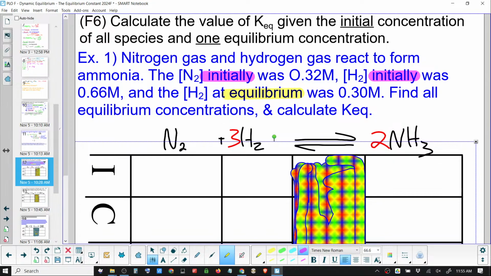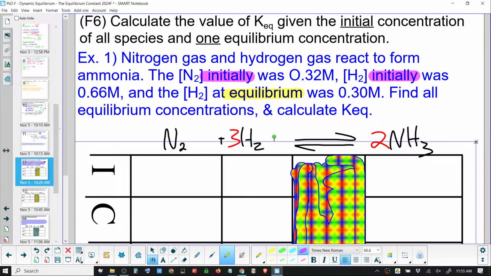It only gives you one value at equilibrium. You need equilibrium values to calculate the KQ at equilibrium. What we have are the initial values. We actually have the initial values for all three, even though it only tells you two.